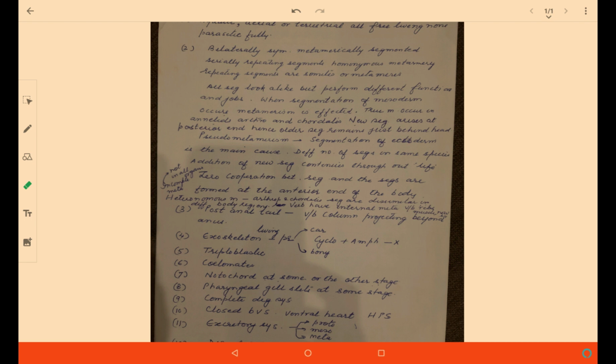In chordates, the segments are dissimilar and different. Vertebrates have internal metamerism showcased by vertebral columns, the ribs, and the muscles present in the body.